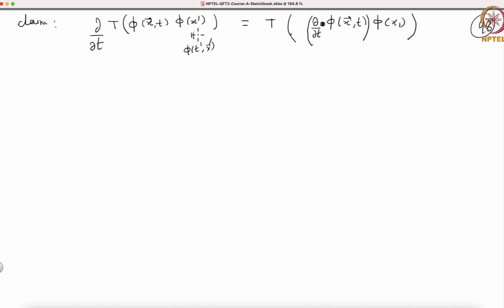Then you have this sitting on the right and then phi x t sitting on the left. And if it is the other way around, then you just interchange the order. Now when you take a time derivative with respect to t, the time derivative of the field phi is at that time, right? So del phi over del t is an object which is still defined at the time t. So the ordering doesn't get affected because of the time derivative, and this is the claim.